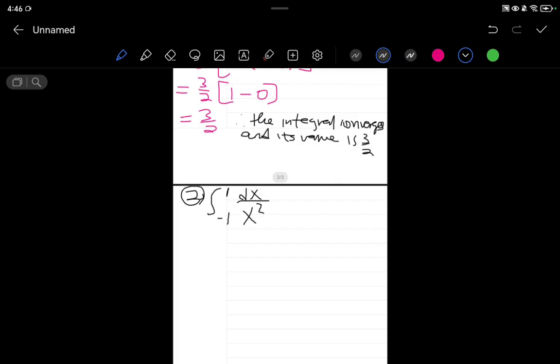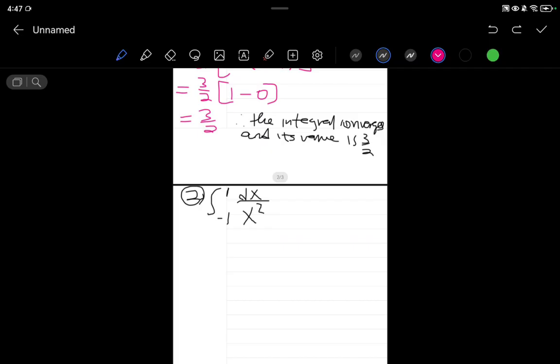Now again, we are used to saying that if you plug in one endpoint and you get undefined, then you replace that endpoint with a limit. In this case, if we plug in -1, we won't get undefined. If I plug in 1, I won't get undefined. So someone would say, man, let's just integrate straight.